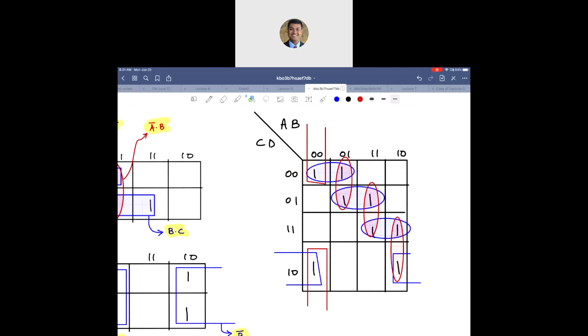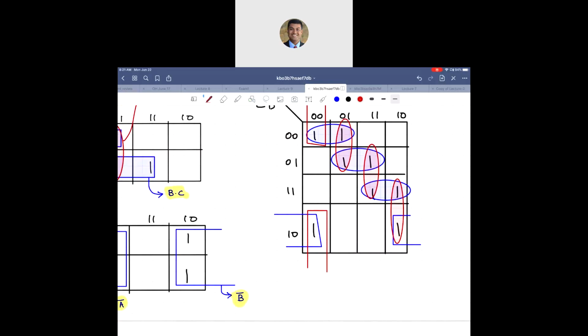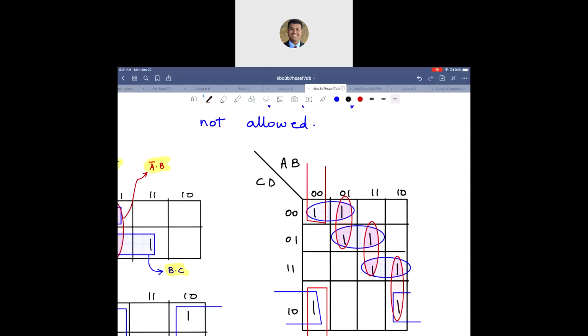So in this case, I'm going to simply write it over here at the top: 4 horizontal prime implicants and 4 vertical prime implicants. So in total, I've got 8 prime implicants for the third example.